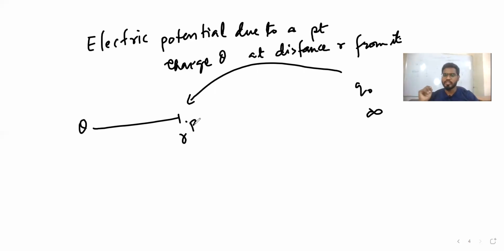F is equal to K Q1 Q2 by R square. Both the charges are of same nature, so they repel, right? And we are bringing the charge in this direction. So external force is in this direction and electric force is in this direction. Both are in opposite direction. That we understood. Very good. If you bring this charge here, it will have some force and there is some distance r.